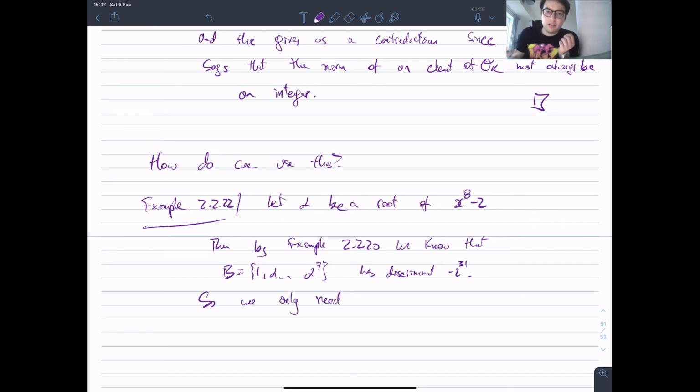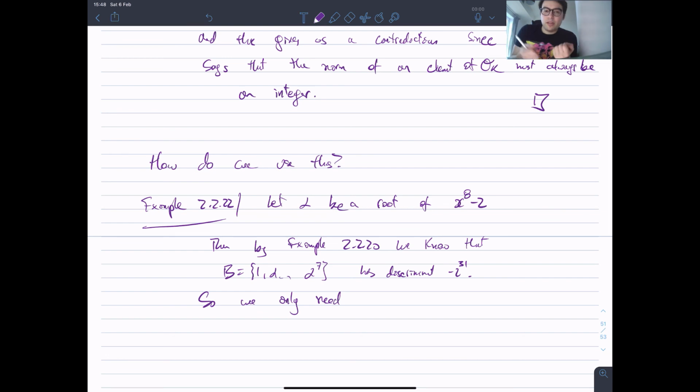When we said if we didn't have an integral basis, then we could find a smaller one where you take out some square prime of the discriminant. Let me say this again. If you started with a basis of algebraic integers and it wasn't an integral basis, then lemma 2.2.7 said that you can find a new one where the discriminant is smaller, and the difference is that you've divided the old one by p squared, where p is some prime.